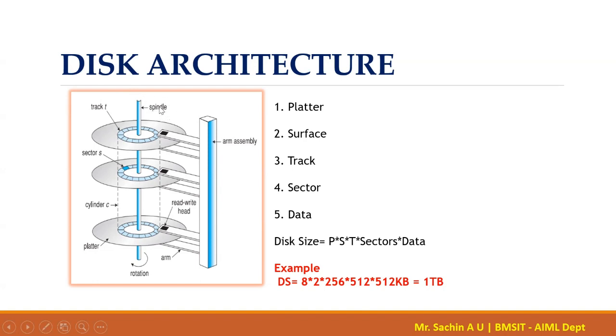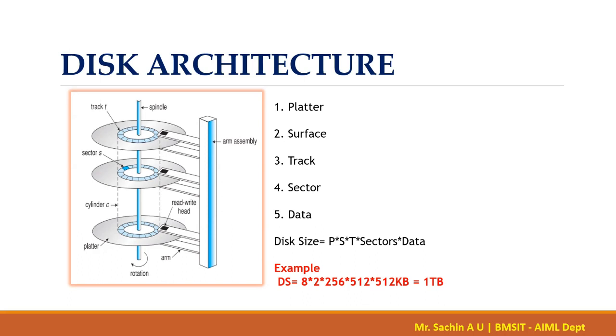Spindle. Okay, so this spindle helps to rotate this disk either clockwise or anti-clockwise so that we can read the entire data which is present on this track. Now let us assume I am on the second track.